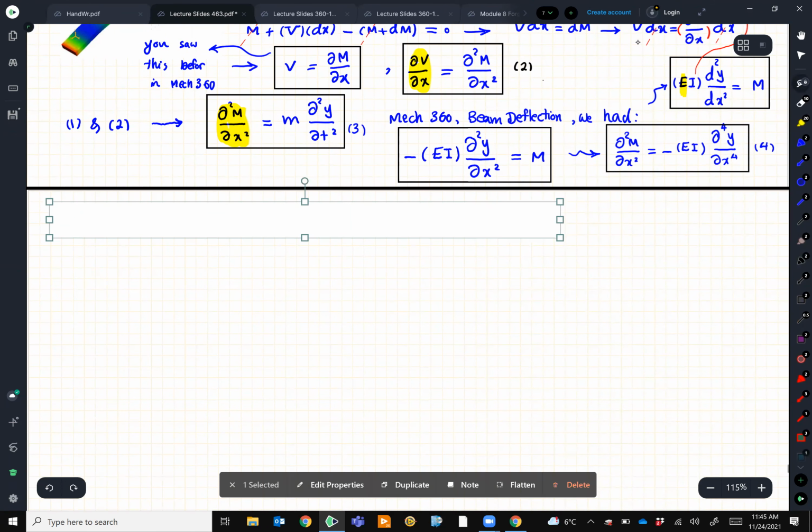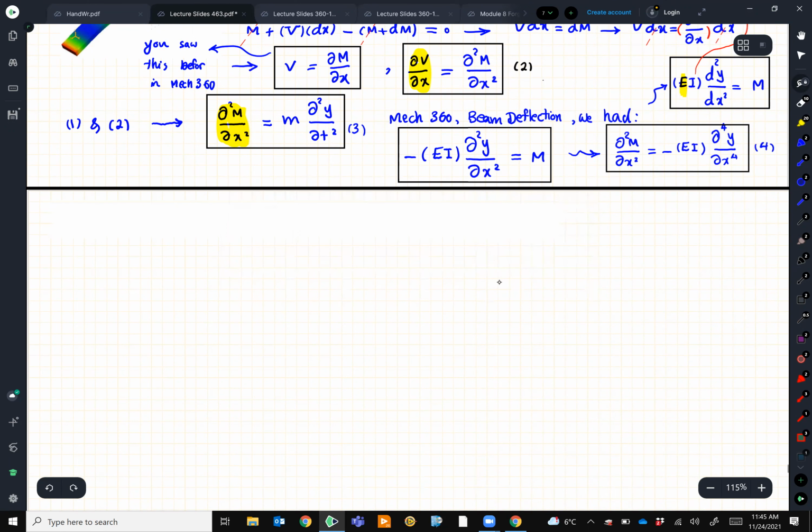Now let's combine all of them together. Combining equation 3 and 4, it gives me, I hope it doesn't give you a headache, but let's see what we get: minus EI, fourth derivative of y with respect to x, equals m, second derivative of y with respect to time.